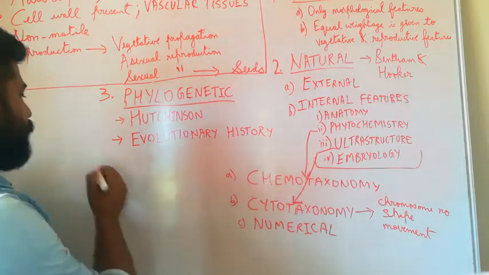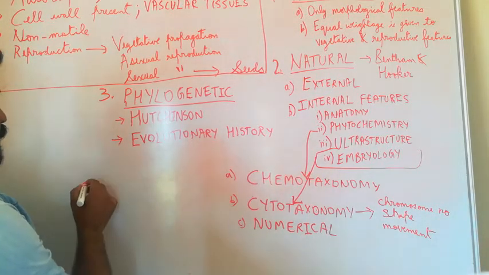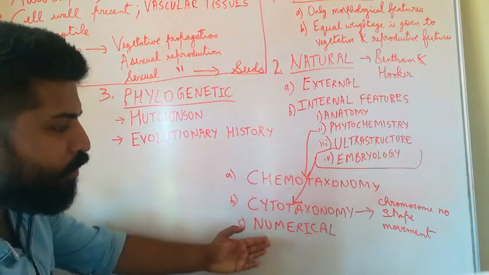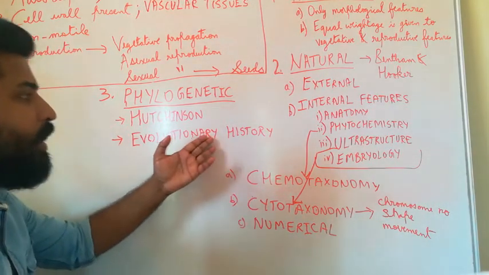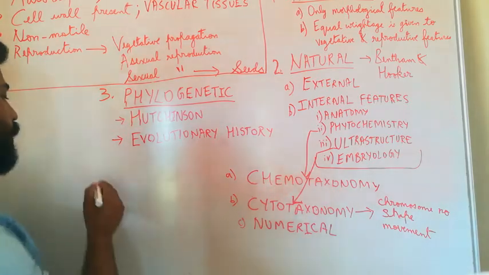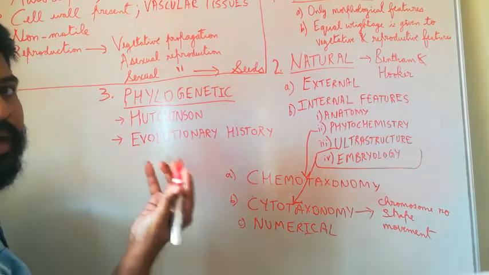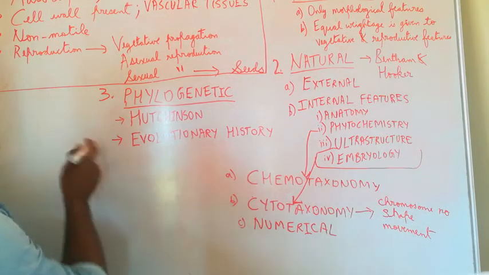So let us say we are talking about once again plants A and B. With the help of numerical taxonomy also we can arrive at the same conclusion. So I will make you a simple cladogram. How does this look like?